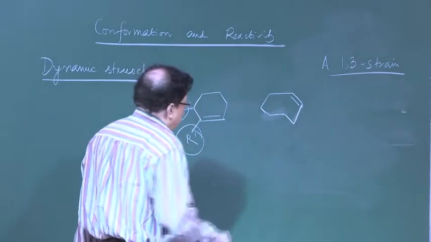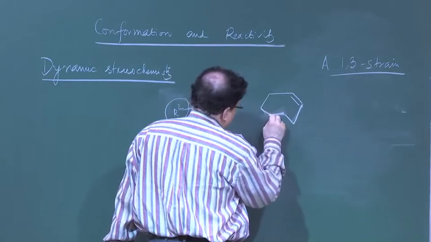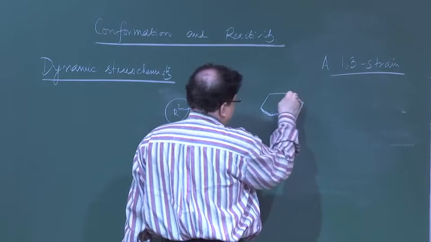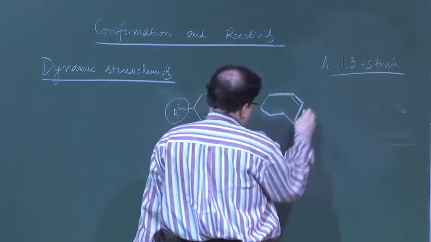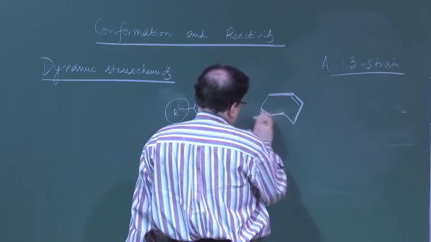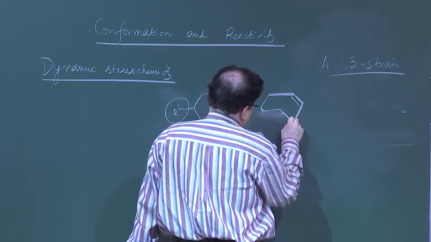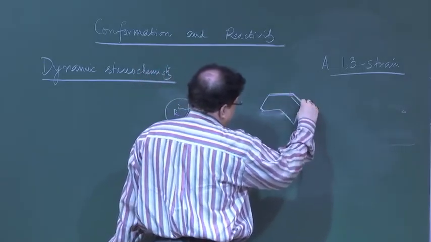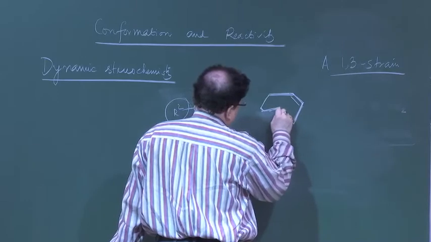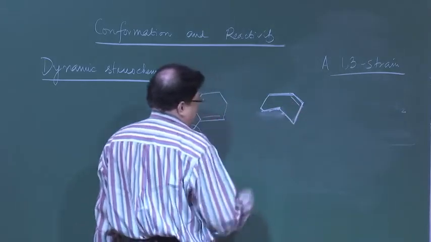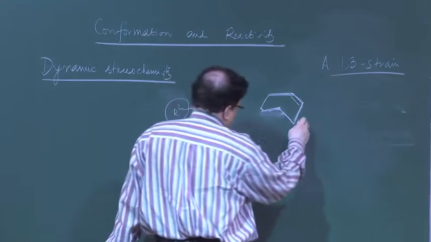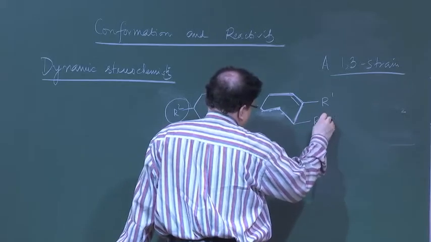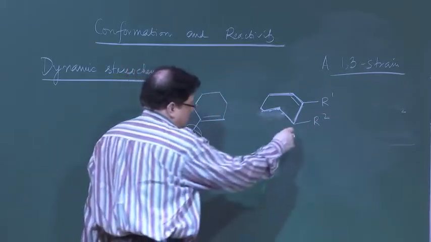What happens here is that, see, basically this is a double bond. So, this carbon, that carbon and this carbon, these are in the plane. How many? 1, 2, 3, 4, sorry, 5, 6, 7. So, this is the cyclohexene. These 4 carbons are in the plane, and then one carbon goes above the plane, another carbon goes below the plane. Okay. Now, if you have a substituent here and a substituent there, this is called equatorial, pseudo equatorial you can call.